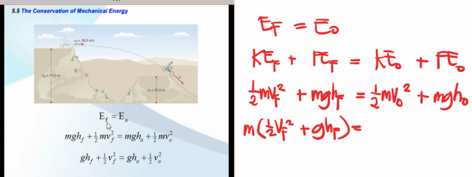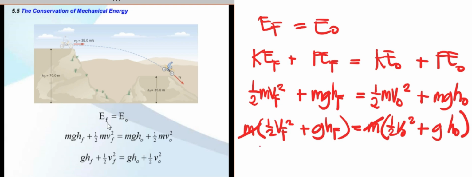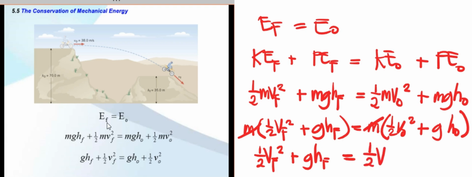is equal to m times 1/2 v sub o squared plus g h sub o. So this mass will be cancelled, leaving us with this equation: 1/2 vf squared plus g hf is equal to 1/2 v sub o squared plus g h o.